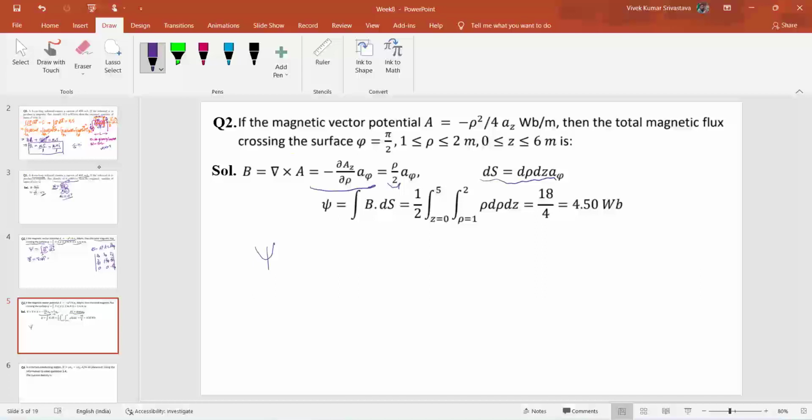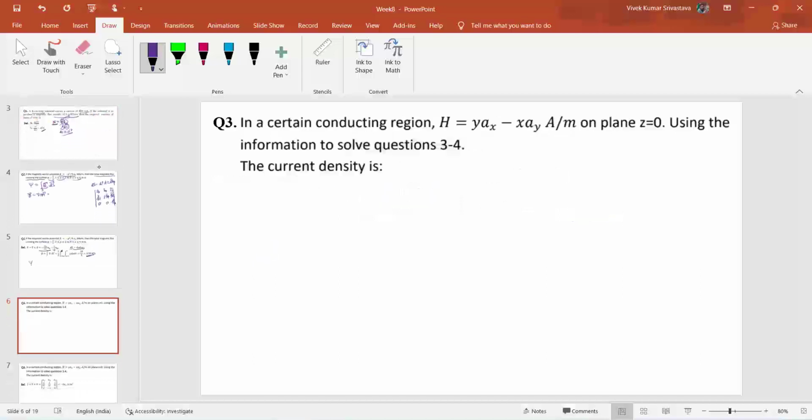Okay, so I think here it is written wrong, it's a 6. Once you calculate you will get the flux that is crossing through the surface will be equals to 4.5 Weber.